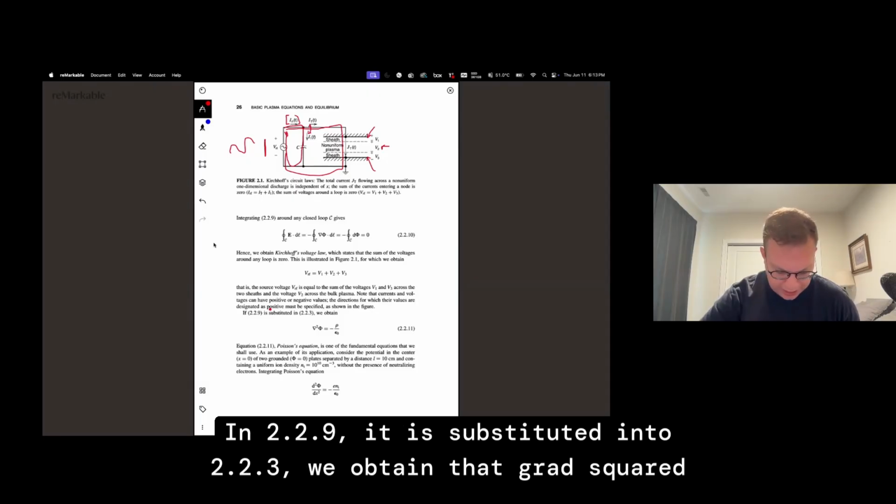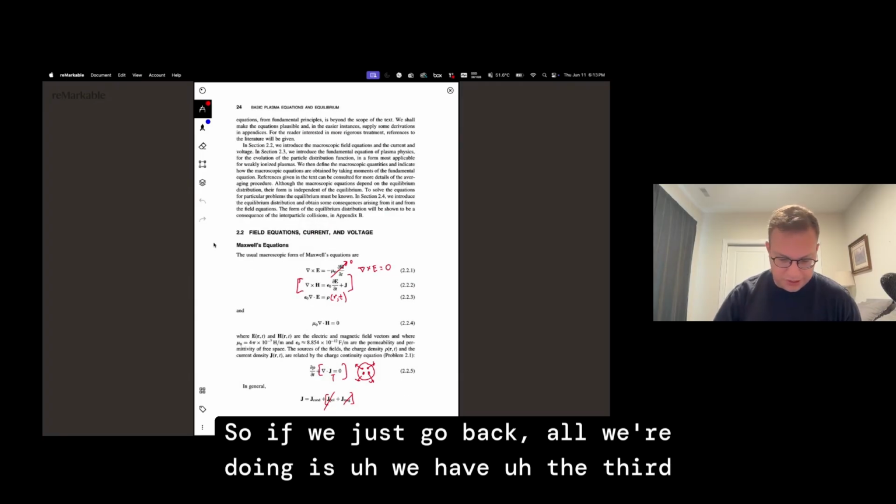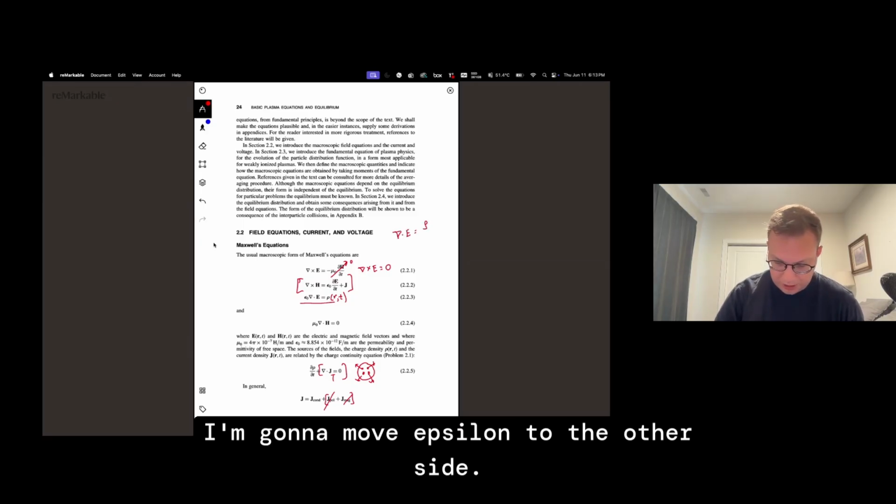In 2.2.9, it is substituted into 2.2.3. We obtain that grad squared phi is equal to minus rho over epsilon. So if we just go back, all we're doing is, we have the third equation here, and I'm just going to do grad dot E. I'm going to move epsilon to the other side.